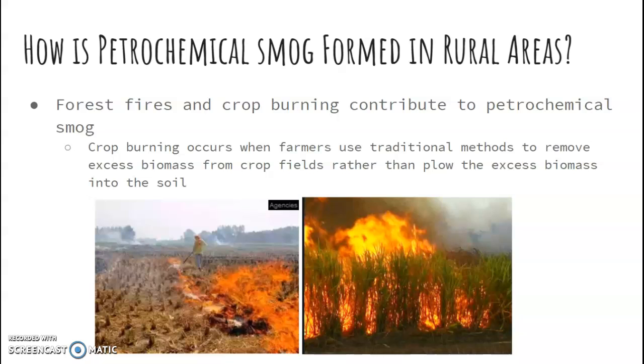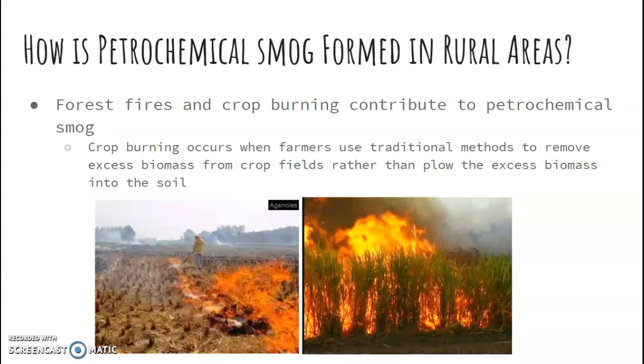because farmers use crop burning. Really, it's a traditional method to remove the excess biomass from crop fields. When you've harvested the crop, there's the part of the plant that isn't taken, stalks from corn and various other biomass.